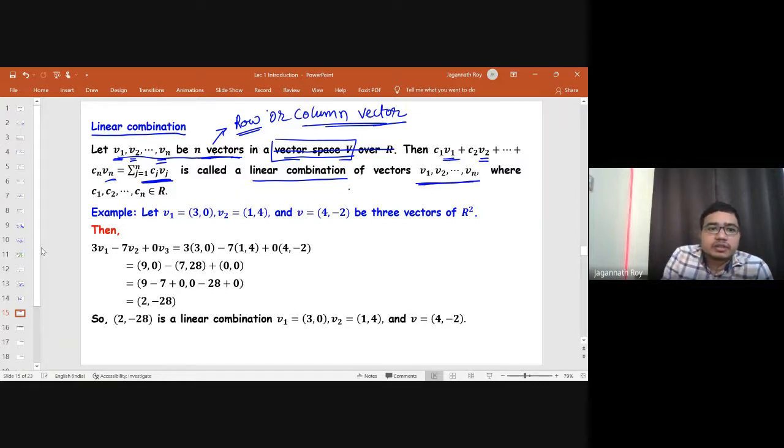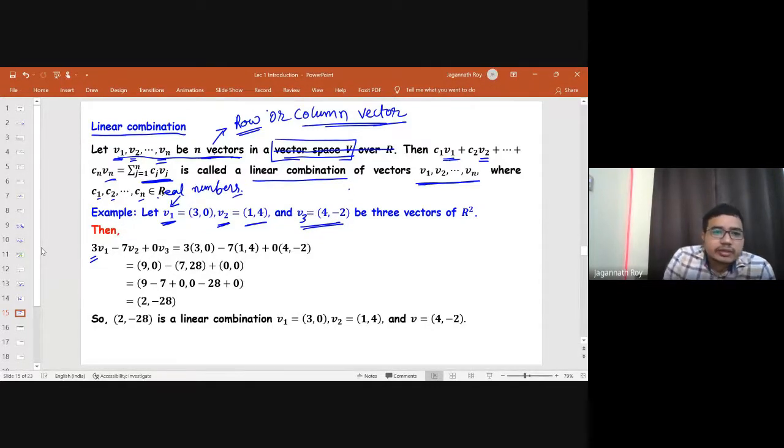For example, if we have v1, v2, and v3, two-dimensional vectors, and you add them with some real numbers c1, c2, and c3, all of which are real numbers.